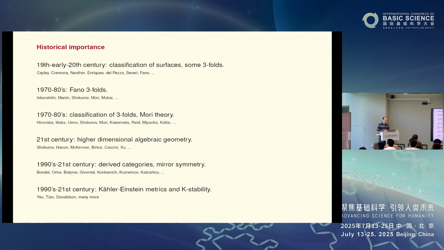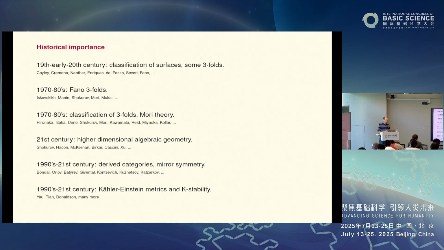In fact, in the 1970s, algebraic geometers, especially in Russia and Japan, including Iskovskih, Manin, Shokurov, Mori, Mukai, and so on, continued this work of the Italian school of algebraic geometry, and they made it more rigorous because the Italians apparently didn't do a complete job. They had ideas, but not a complete proof.